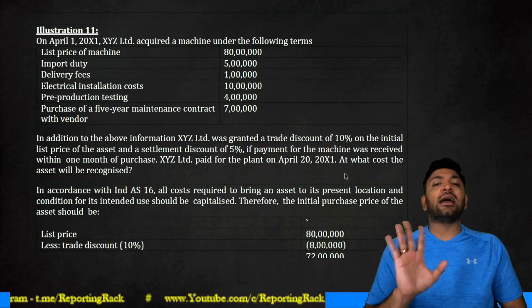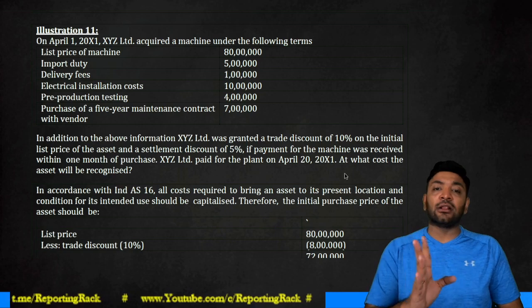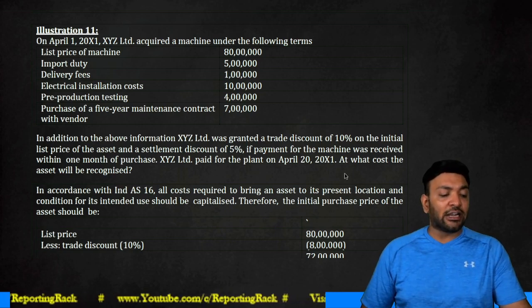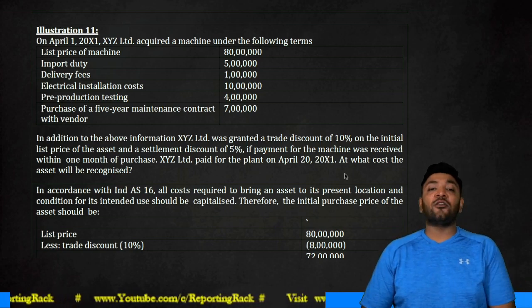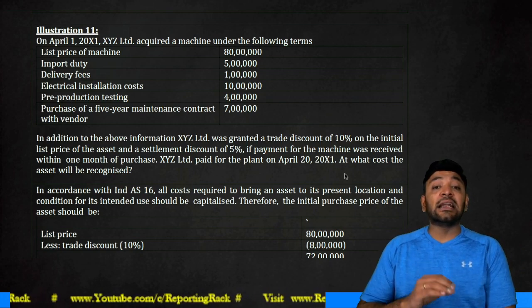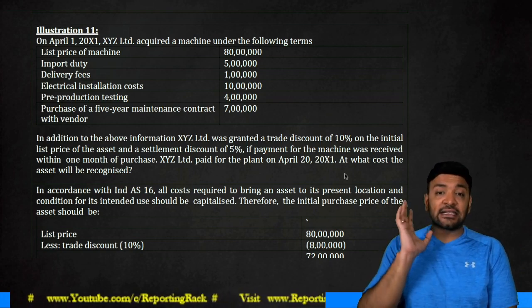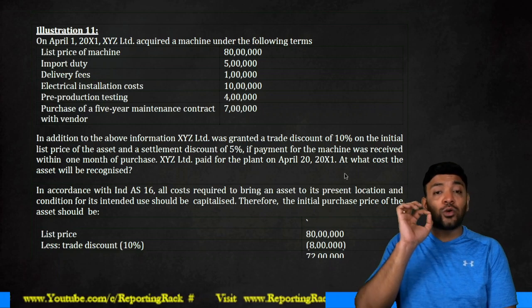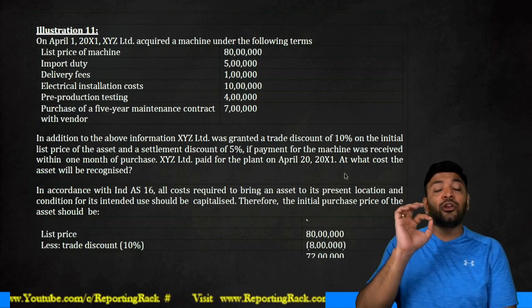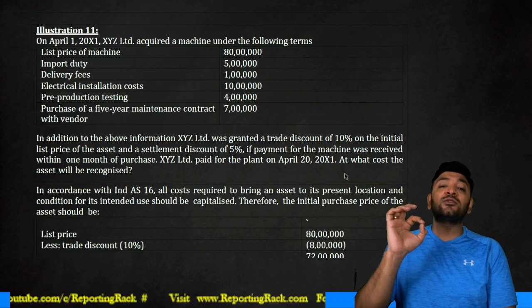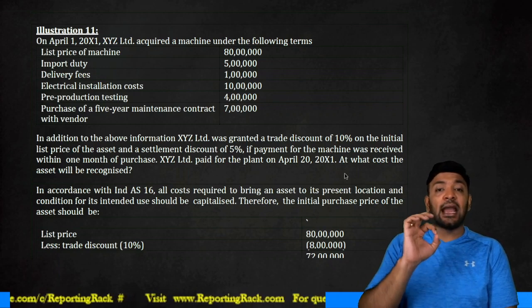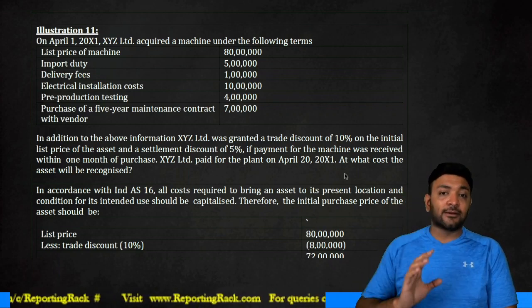Import duty, nowhere is it said that there is an input tax credit on that. So straightforward to 72 lakhs, you can add the 5 lakhs of import duty. Considering that they are non-refundable taxes, it is very important for you to write that statement that import duty has been included, as we have considered the import duty as a non-refundable tax.